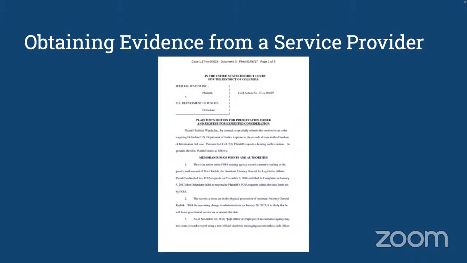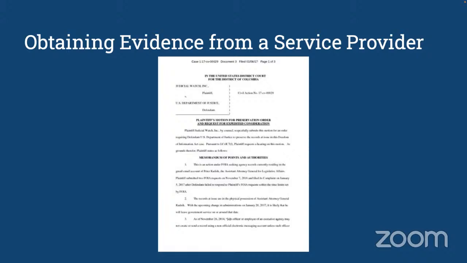There's a little section that says, number 1, in general, a provider of wire or electronic communication services or a remote computing service, upon the request of a governmental entity, shall take all necessary steps to preserve records and other evidence in its possession, pending the issuance of a court order or other process.